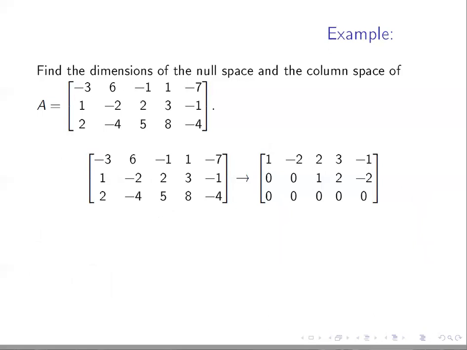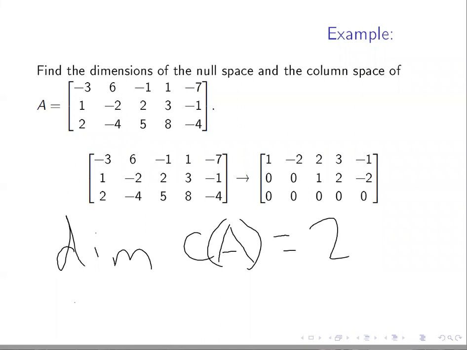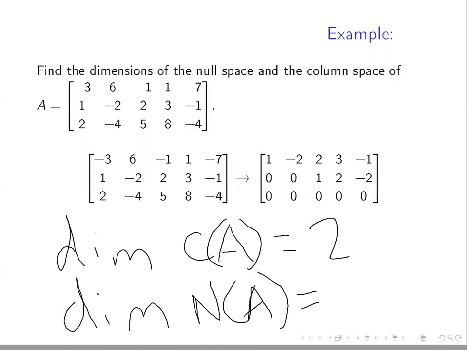So knowing that the dimension of the column space is equal to 2, we can then ask the question, what's the dimension of the null space? Again, I don't need to actually write down its spanning set.